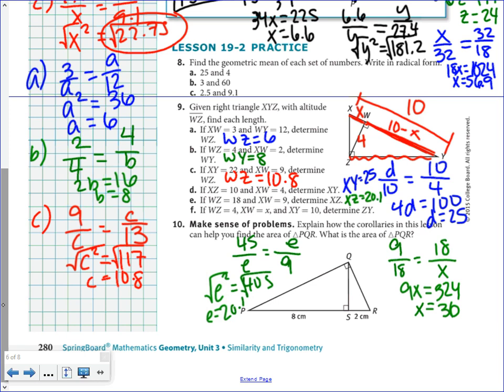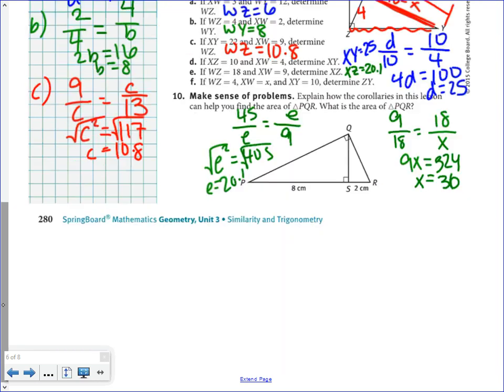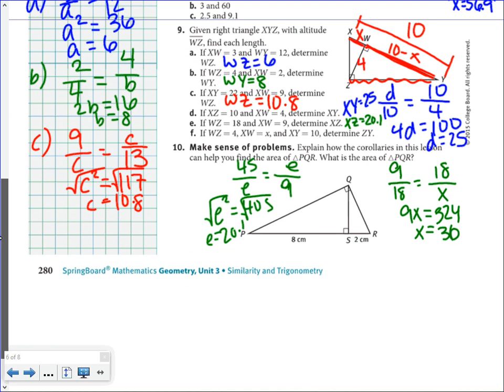And so I can set up a proportion. 4 is my altitude, so it is my geometric mean between X and 10 minus X. And so if you cross multiply, you have 10X minus X squared equals 16. Since we have an X squared, we're going to want to factor this.